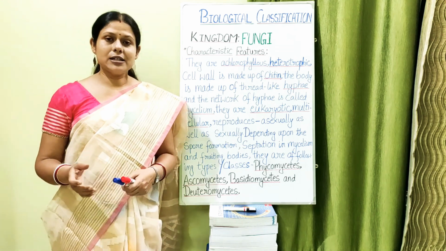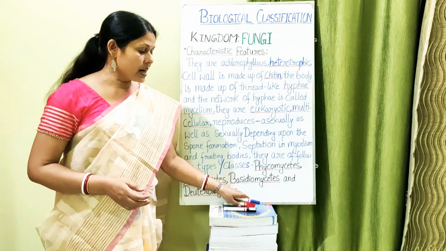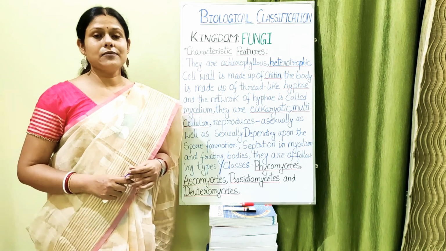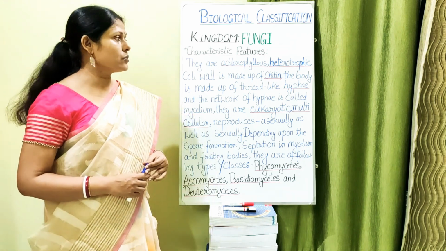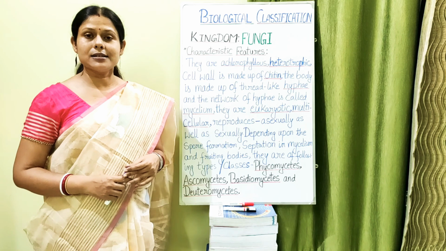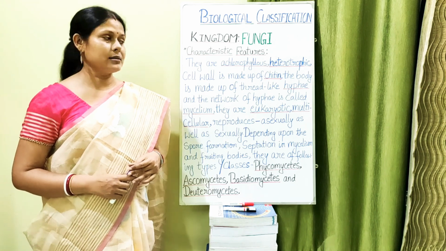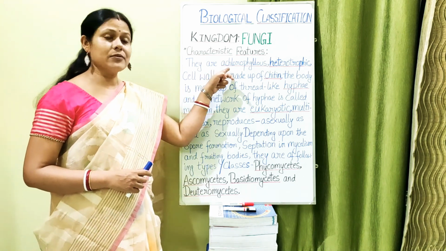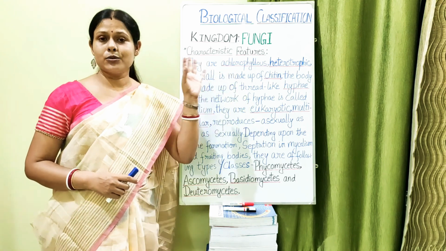Now, as we have read in our previous chapters regarding the characteristic features of the various kingdoms, here also we are going to first read about the characteristic features of the kingdom Fungi. See, the first word which I have used here is achlorophyllous.